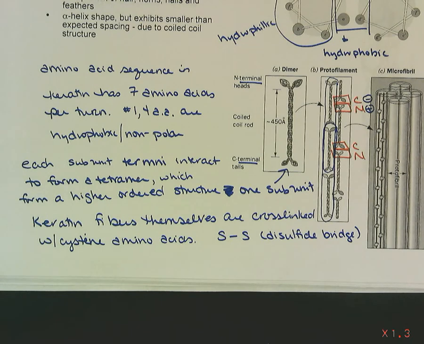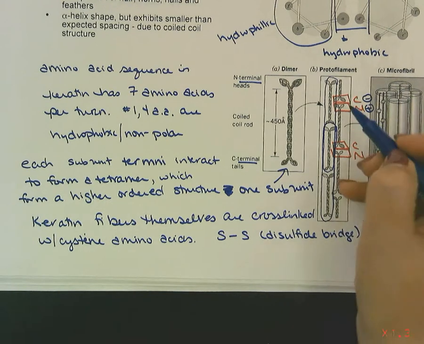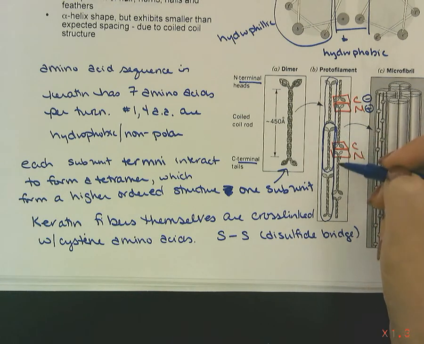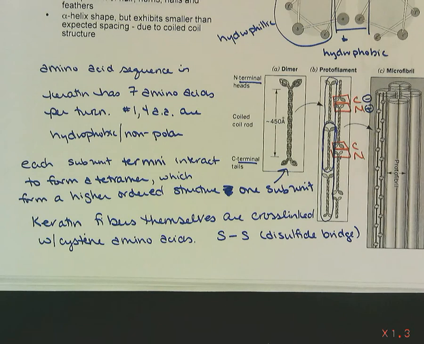Have you ever thought about why your hair is so stretchy? You can pull on it and it doesn't break. It mostly stretches before it really snaps in half. Some of it is these disulfide bridges, and some of it is the hydrogen bonding and ionic bonds. These ionic bonds are real stretchy before they break. So you're not breaking a covalent bond, you're typically breaking these ionic and hydrogen bonds.